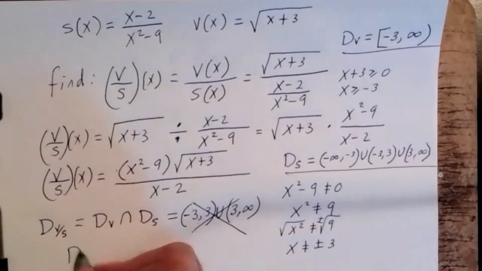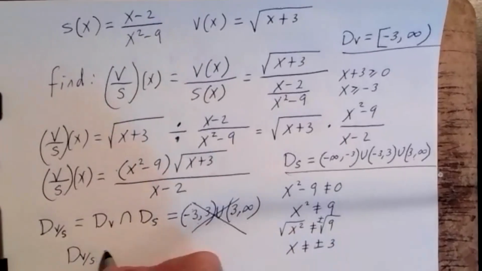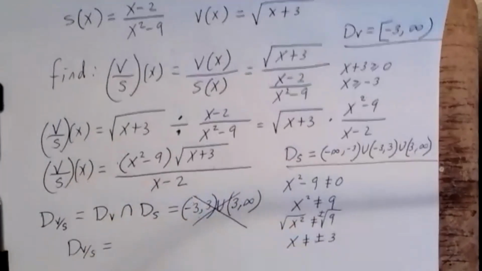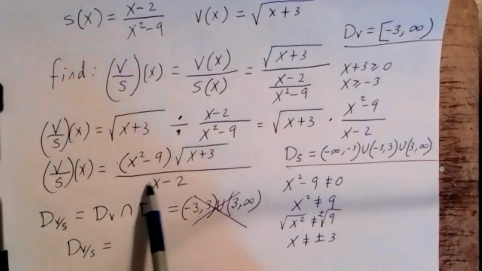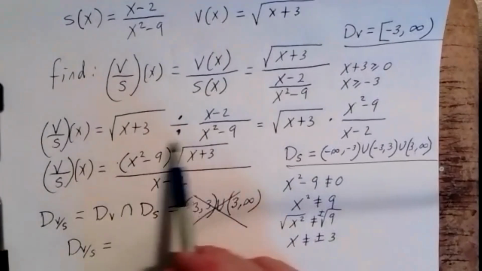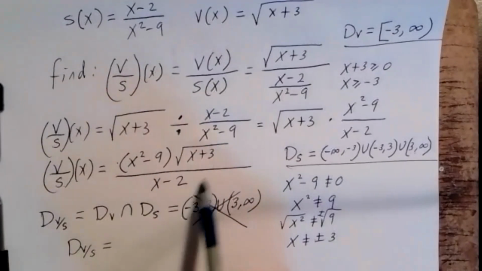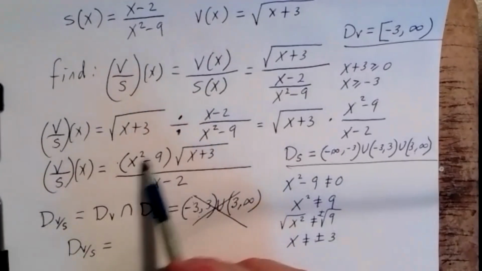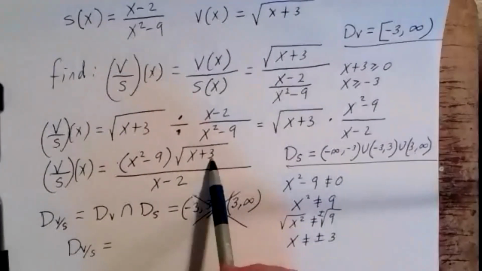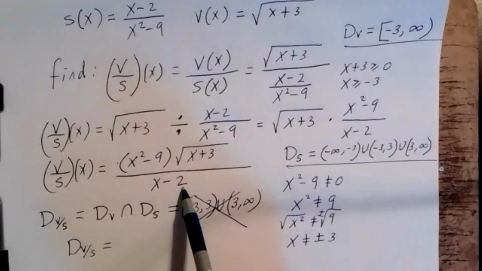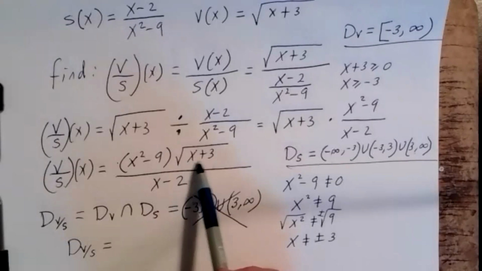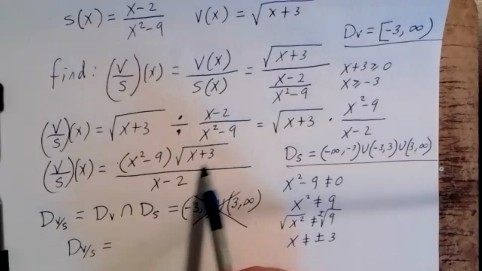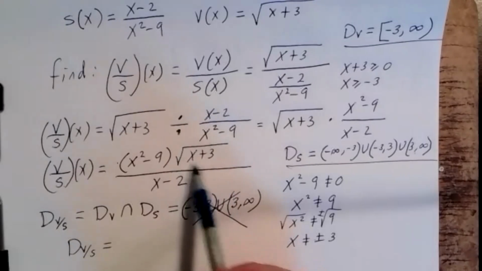What is the domain of our quotient function? What numbers can it not have in it? What numbers would cause this to be undefined? Anything less than -3 and +2. Any real number that's less than -3 would cause this to be undefined because it would no longer be a real number.